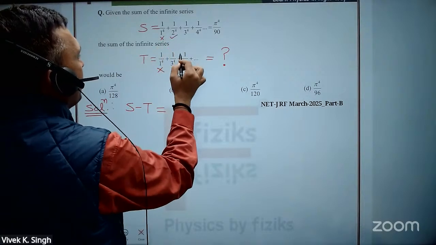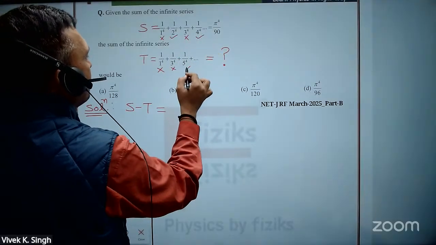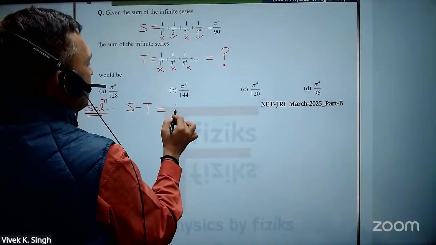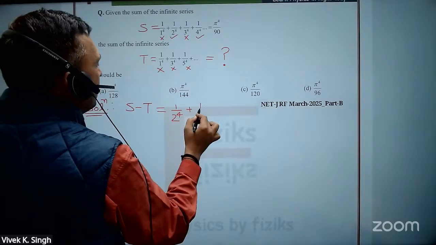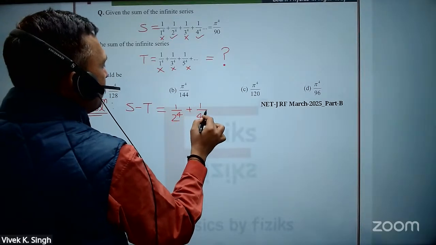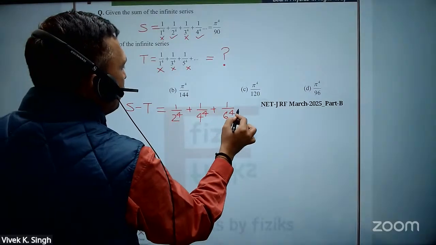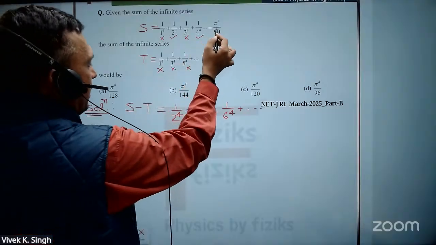Then this will survive. Then this will cancel out. Then this will survive. So what you will get is 1 by 2 power 4 plus 1 by 4 power 4 plus 1 by 6 power 4. Only these terms will survive because S is given.